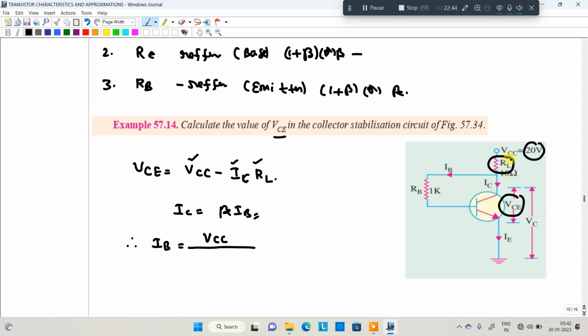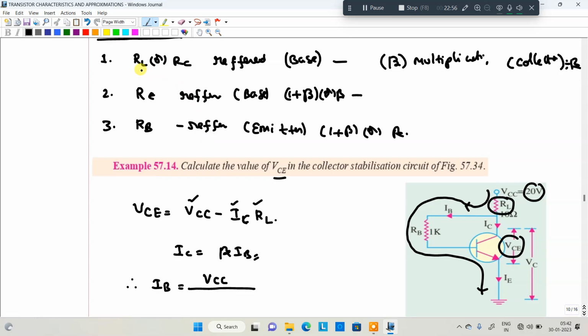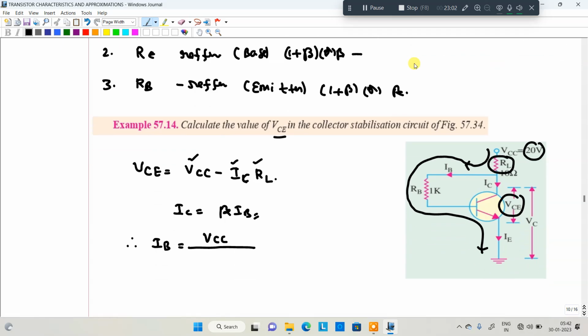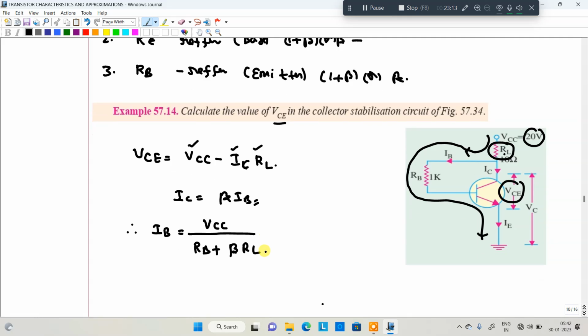I am considering the current path of IB and applying the rule. RL or RC referred to the base circuit, what will happen? Multiply with beta. So that will be RB plus beta into RL. That is the formula.